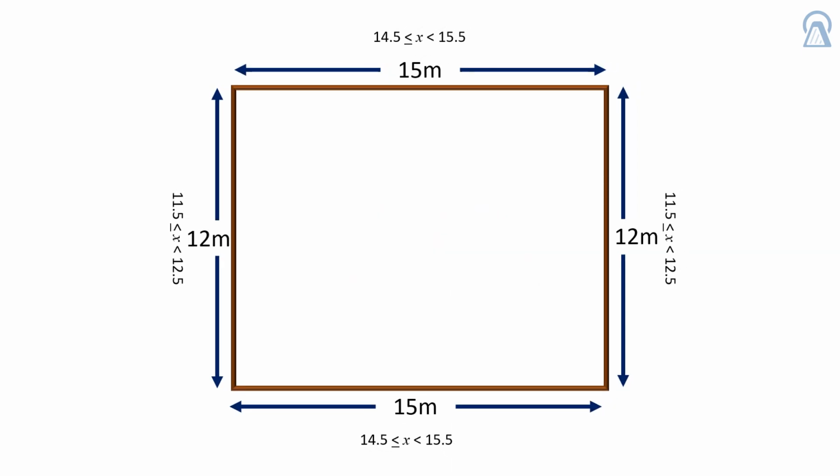Now, let's go back to our previous example to find the upper bound of the area. We need to multiply the largest of our bounds together to find out the maximum area we might cover. So, 12.5 times 15.5 equals 193.75 meters squared.